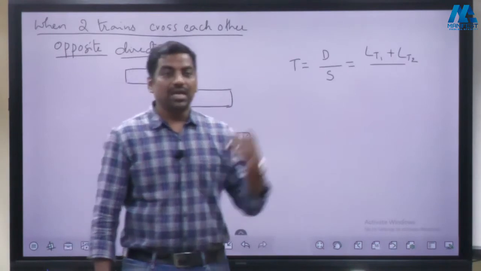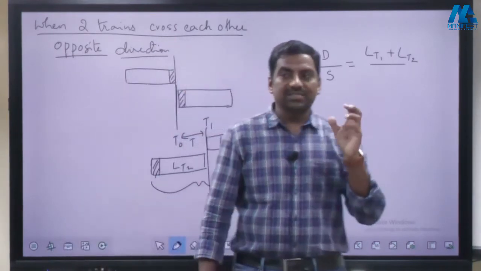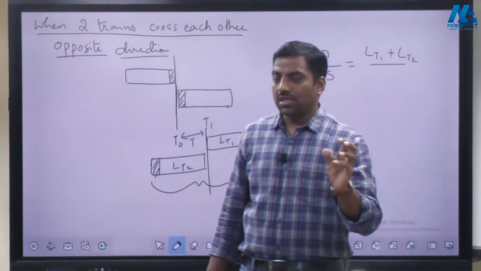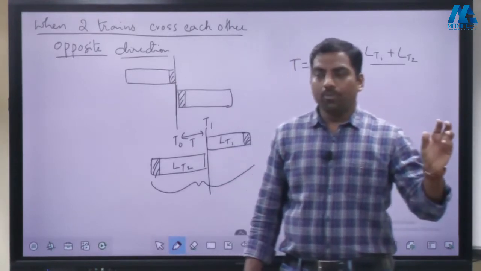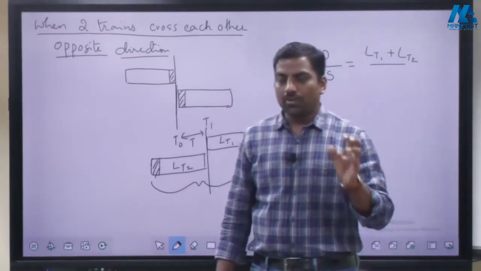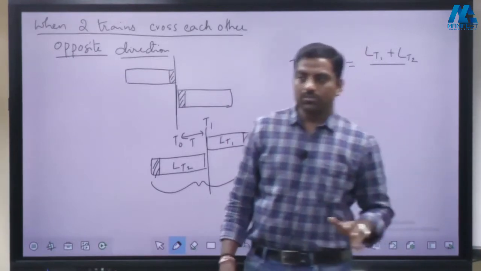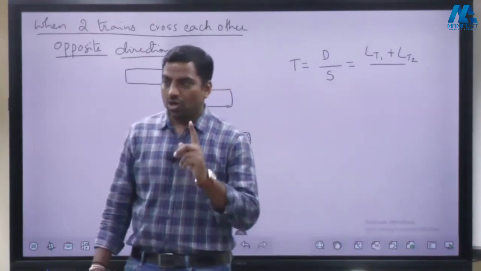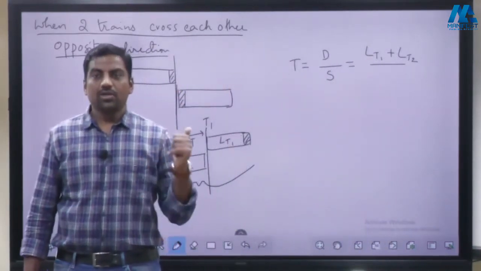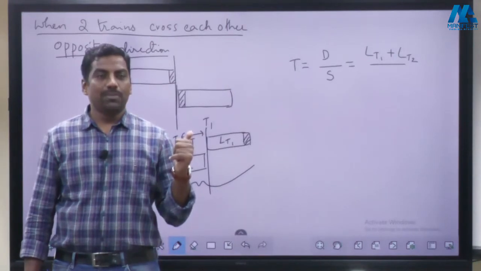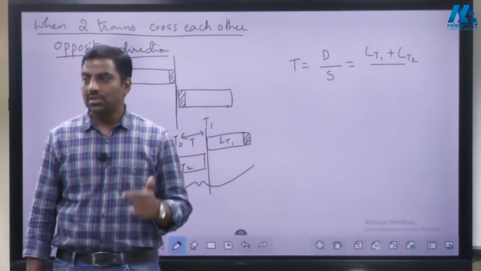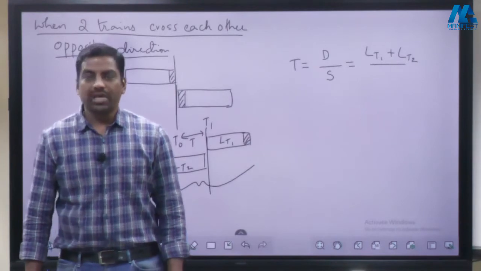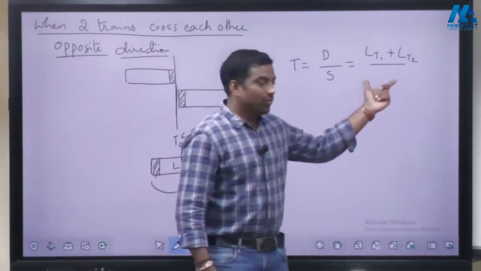Now, coming to the speed. In the earlier two cases, whether it was a man, tree, pole, bridge, tunnel or platform, they were stationary, they were not moving. Here, the object is moving. The opposite train is moving. Now tell me, what should I write for the denominator?